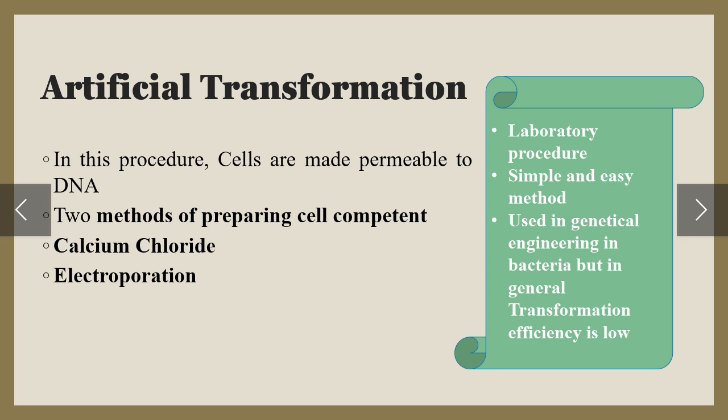Artificial transformation. In this procedure, cells are made permeable to DNA. Two methods of preparing competent cells are calcium chloride and electroporation. It is a simple and easy laboratory procedure used in genetically engineering bacteria, but in general transformation efficiency is low.